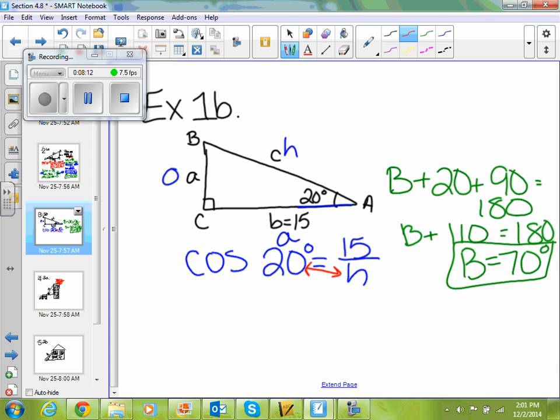If I rearrange the formula so that h is by itself, I get hypotenuse is equal to 15 divided by cosine of 20. And what is 15 divided by cosine of 20?